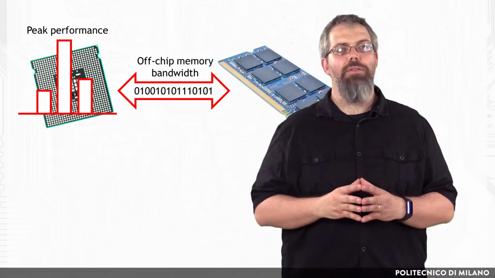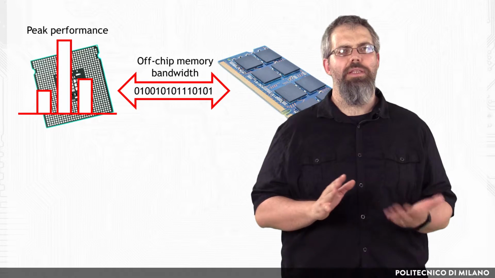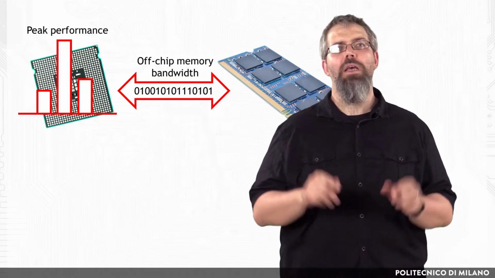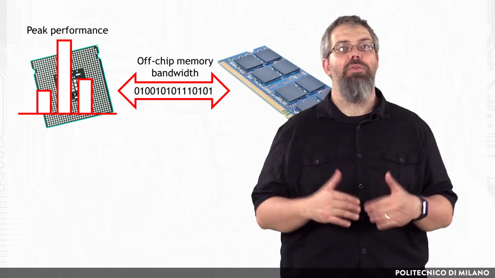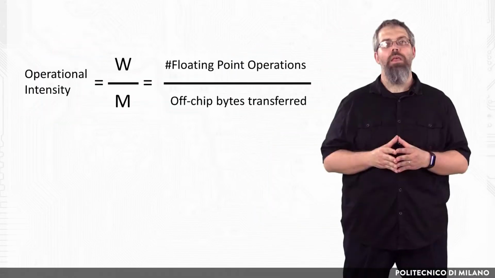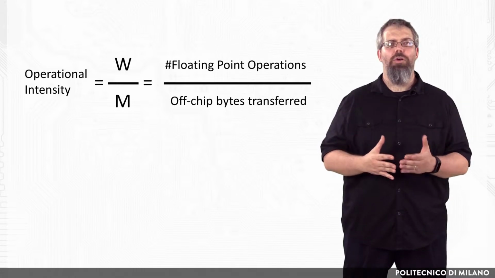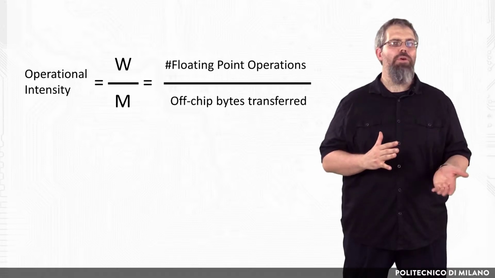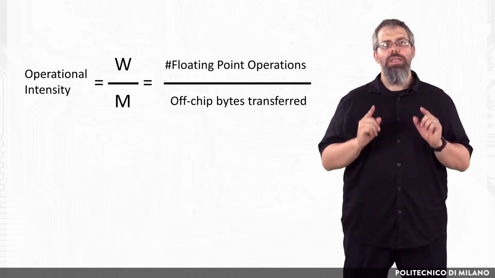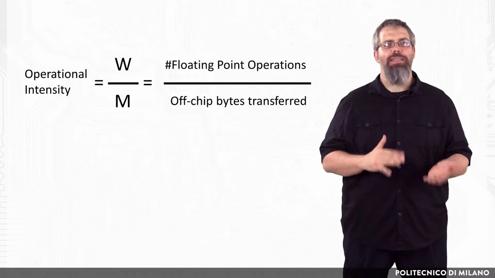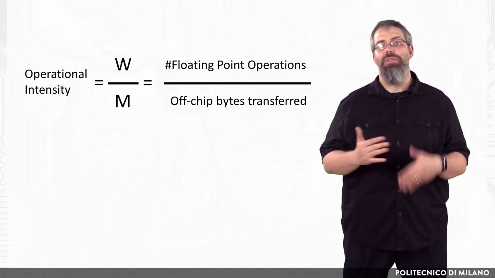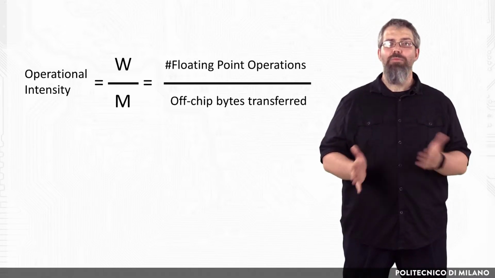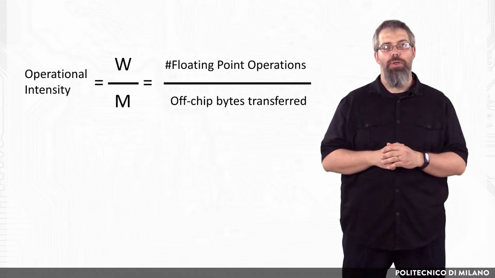In order to measure the amount of time that the application spends computing the data versus the time the application spends moving data to and from the off-chip memory, the Roofline model introduces the concept of operational intensity. The operational intensity, or OI, is in general seen as the ratio between the work W and the memory traffic M. Within this context, the work is identified by the number of floating point instructions performed on the data, while the memory traffic is identified as the number of bytes of data moved to and from the off-chip memory.